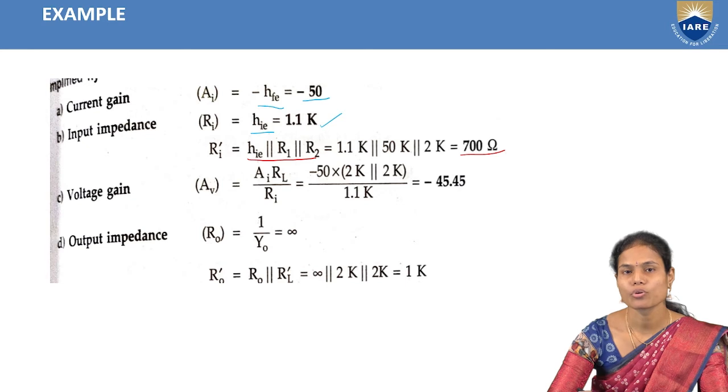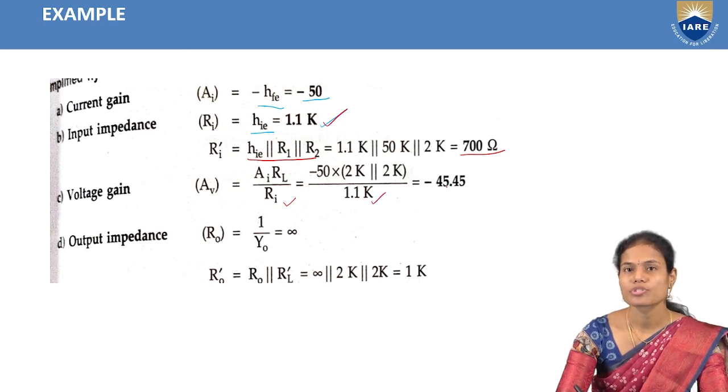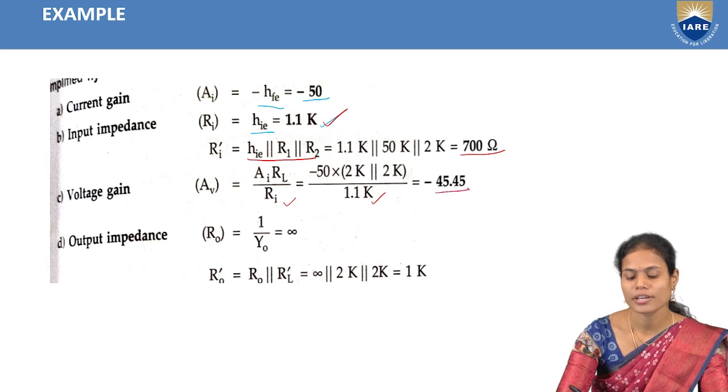And next, the approximated voltage gain is Ai into RL dash by Ri. We have all the values. Ai is minus 50, RL dash is the parallel combination of R0 and RL, so 2K parallel with 2K, and Ri value is 1.1K. If we substitute all those values, we get minus 45.45.